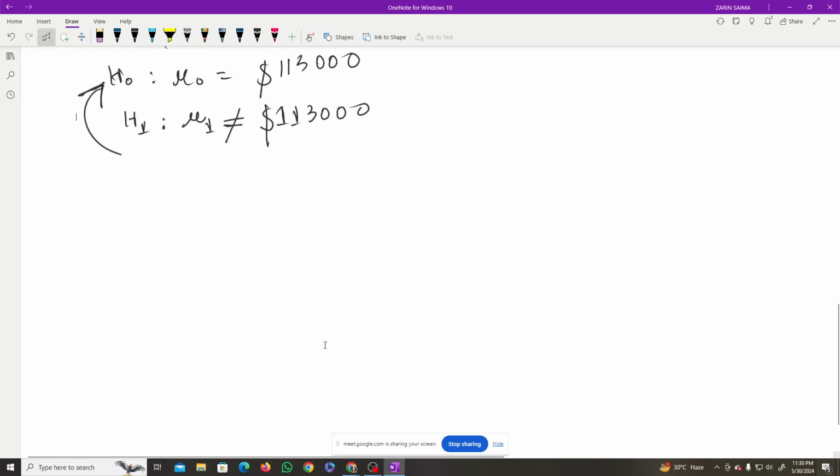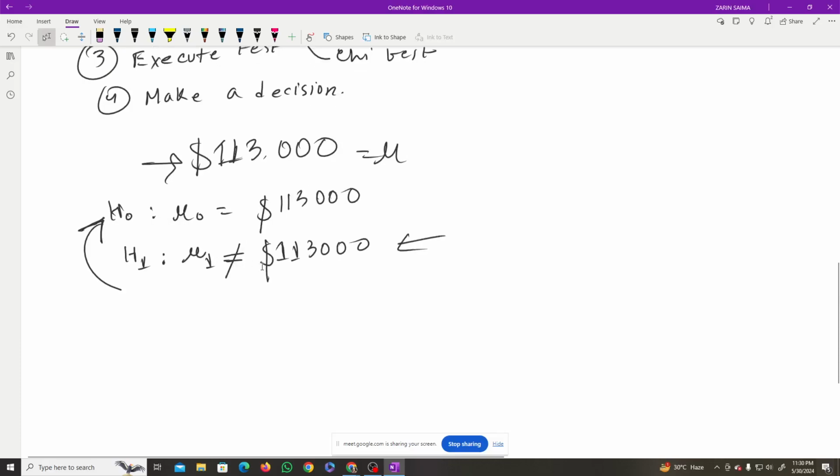Now, suppose any of your friend tells that the mean salary of the data scientist is more than this value, right? So in that case, what would be the null hypothesis and alternative hypothesis?